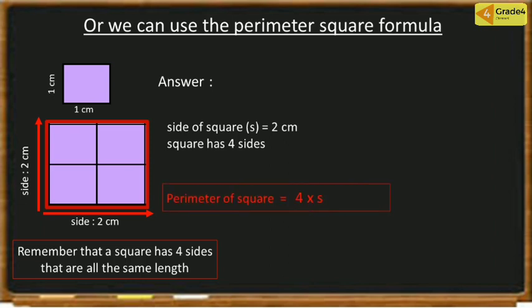So we get the formula: perimeter of square is 4 times s, or 4 times side. We know from the picture the side is 2 centimeters, so we can write 4 times 2 centimeters. And 4 times 2 centimeters is 8 centimeters. So the answer is, the perimeter of the square is 8 centimeters.